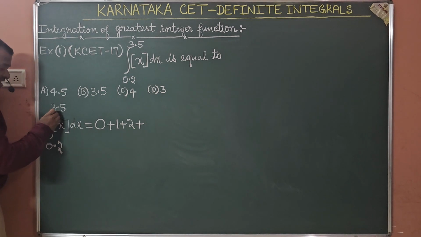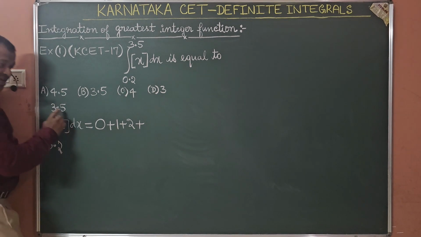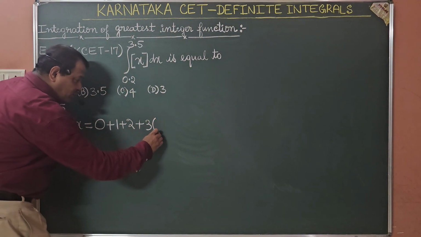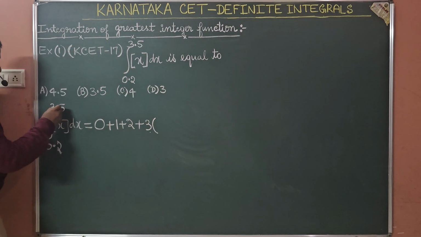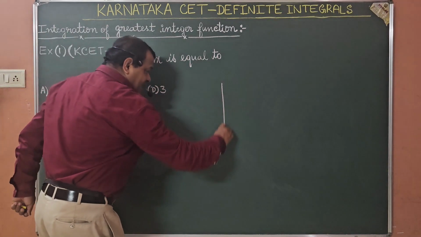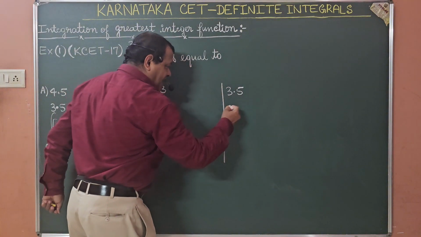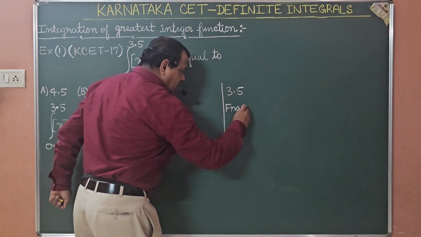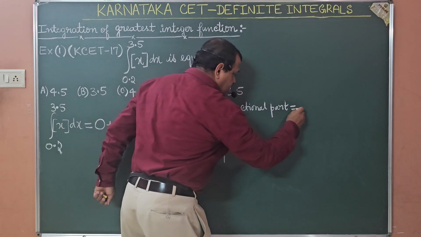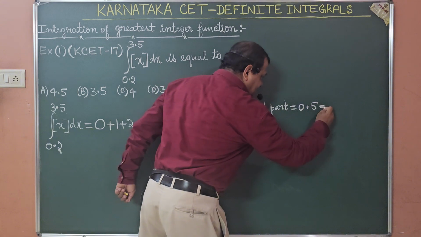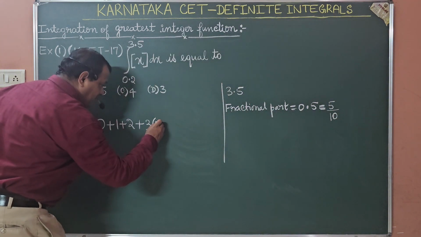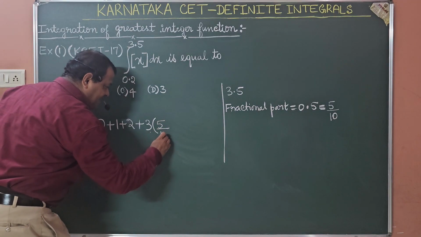We have to add even the number 3, the integer part. And the number 3 that we have added, multiply by the fractional part of 3.5, which I write in the rough work side. Say 3.5. Its fractional part is equal to 0.5, which is nothing but 5 by 10 or half directly. Therefore multiply by 5 by 10.